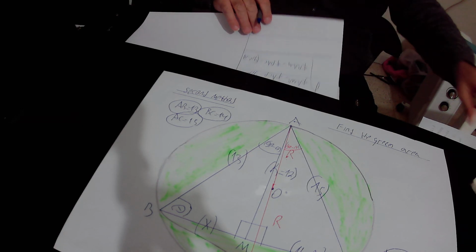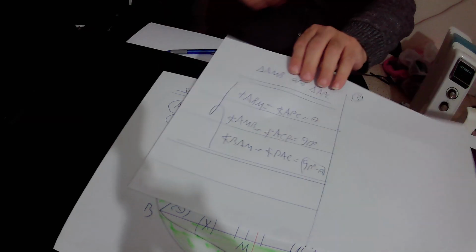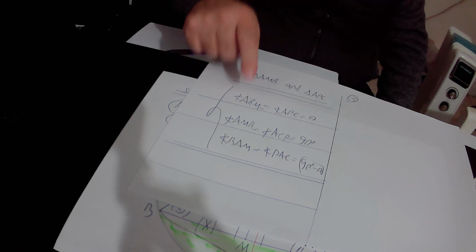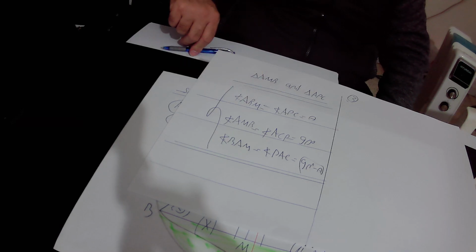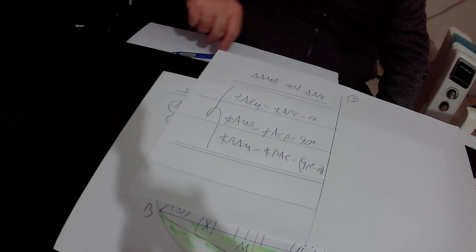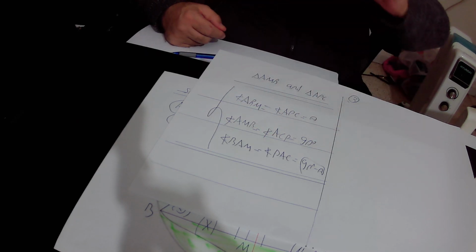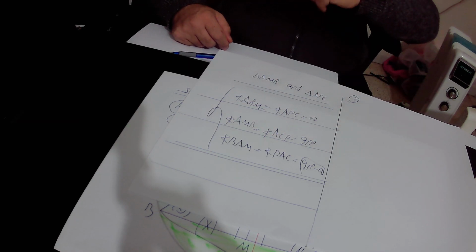So I repeat again, angle BAM in triangle AMB equals angle PAC in triangle APC. They are both equal to 90 degrees minus theta, therefore they are equal to each other.